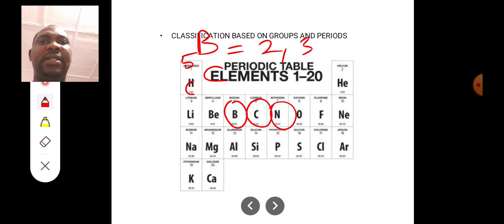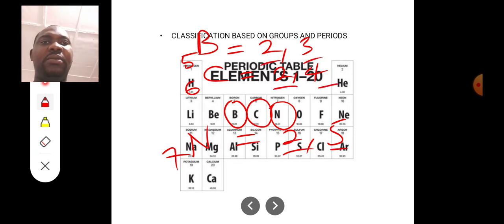Carbon is the sixth element, the configuration is 2, 4. Nitrogen is the seventh element, the configuration is 2, 5. You see that they have two shells each, and that is why they are in the same period of the periodic table. Elements in the same period have the same number of shells.